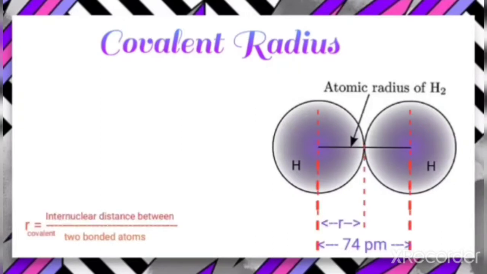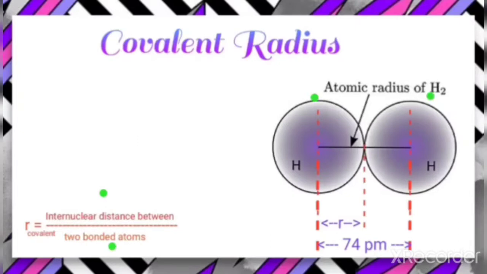So we can do this with the formula: R covalent, that is the covalent radius, is equal to the internuclear distance between the two atoms divided by two, because here two atoms are bonded.